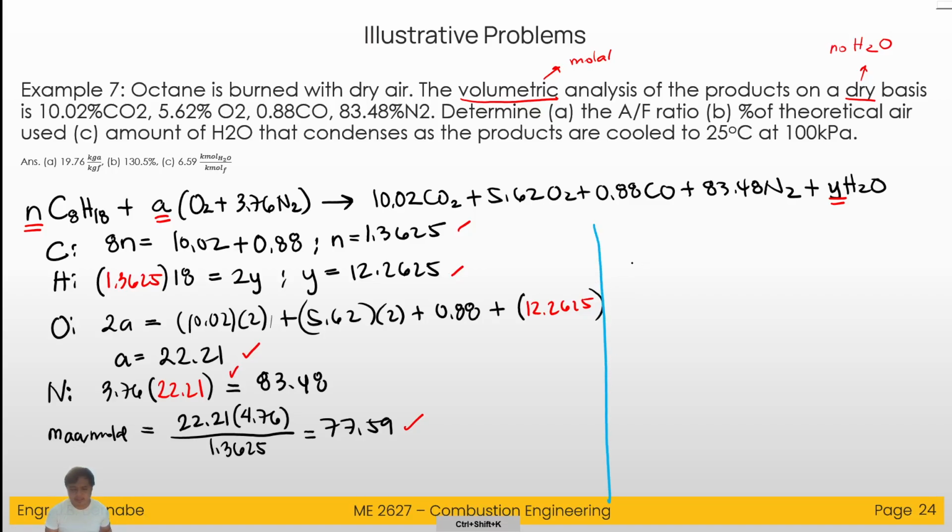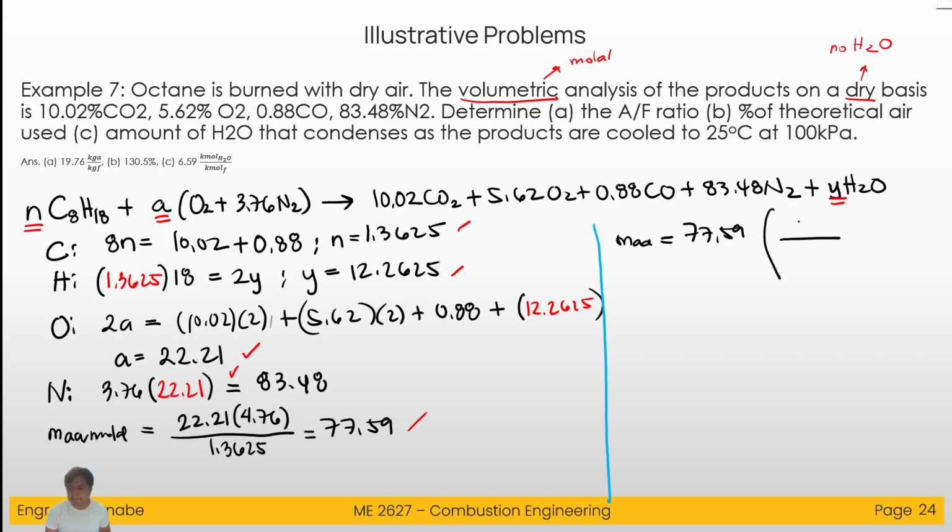So we want to find the actual air fuel ratio. We want to multiply this by the molecular weight of the air over the molecular weight of the fuel, to get the mass air fuel ratio. So we multiply this 77.59 by the molecular weight of air over the molecular weight of the fuel.